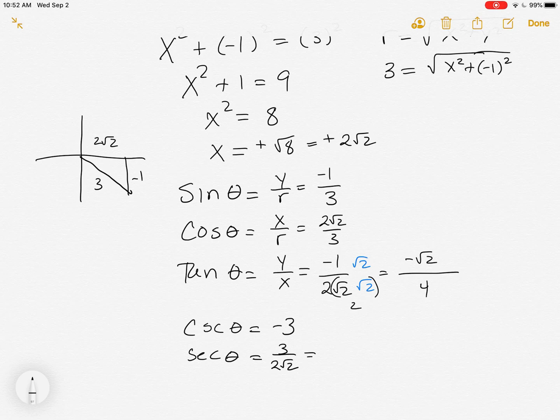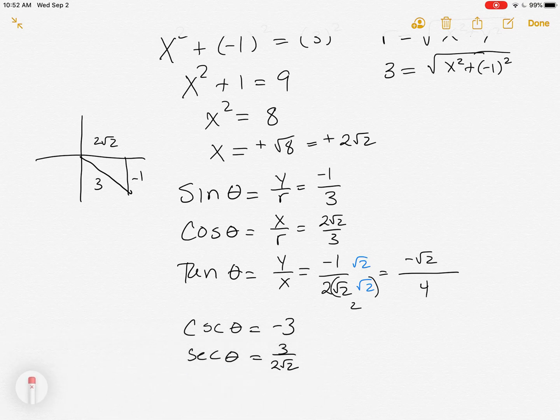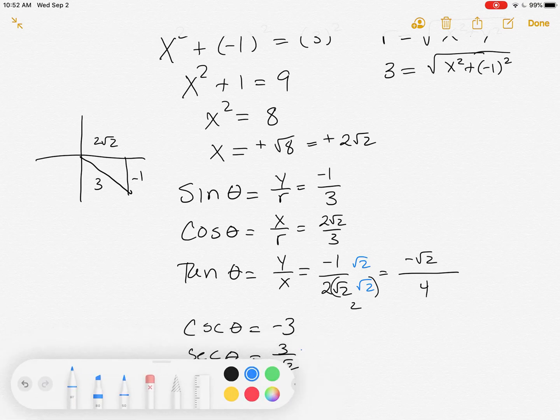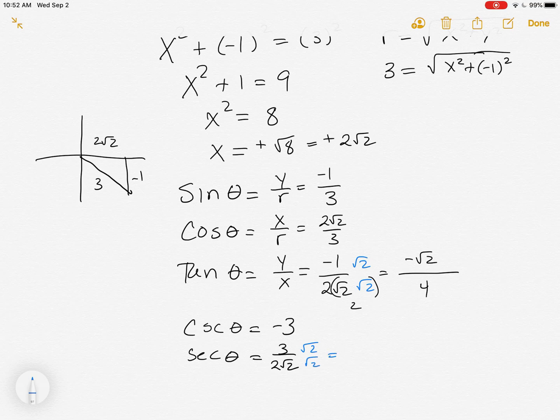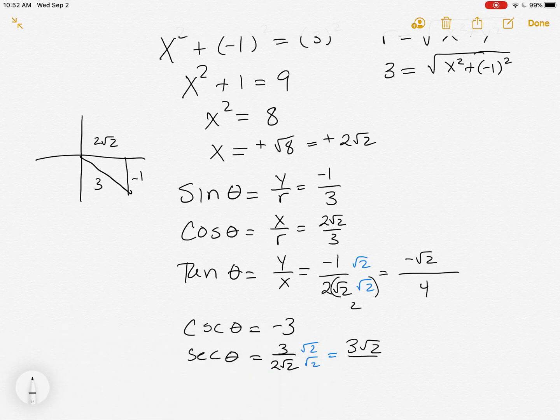Again, we have to rationalize. So I'll show that process again. Multiply top and bottom by root 2 and get 3. Let me switch back to black. And get 3 root 2 over the same 4 again.